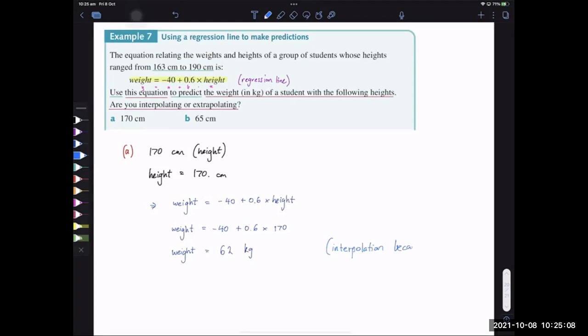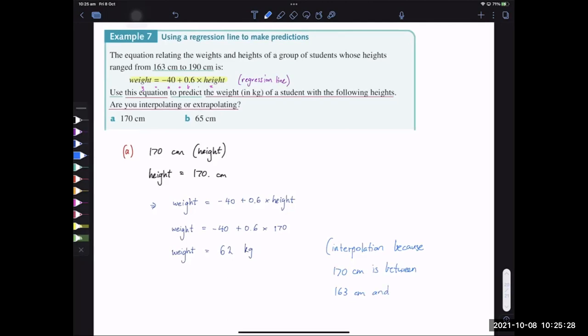So interpolation. I'm just going to write the reason here, just so you can see why, okay? Because 170 centimeters is between. Interpolation and because you should write a semicolon.